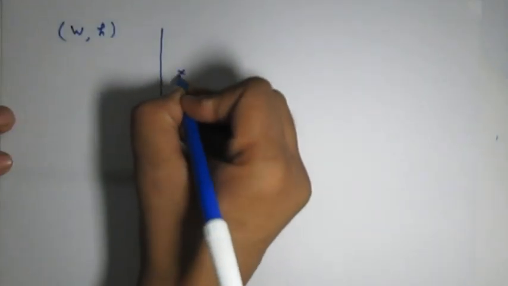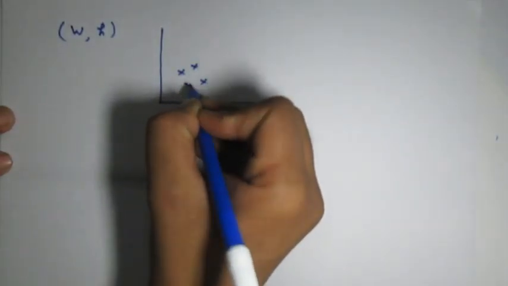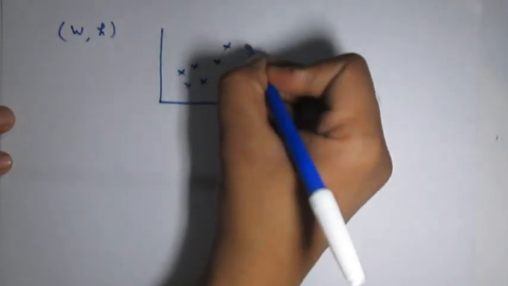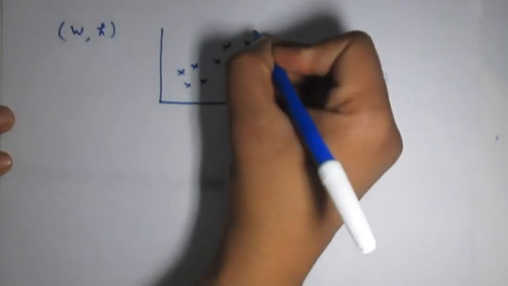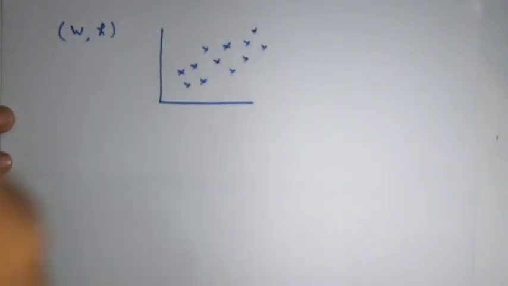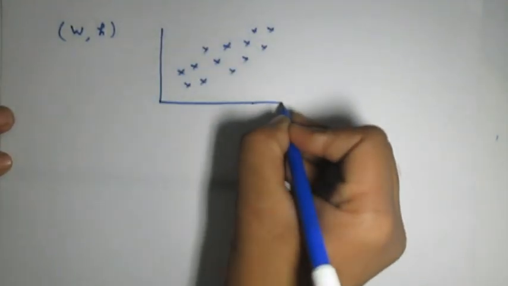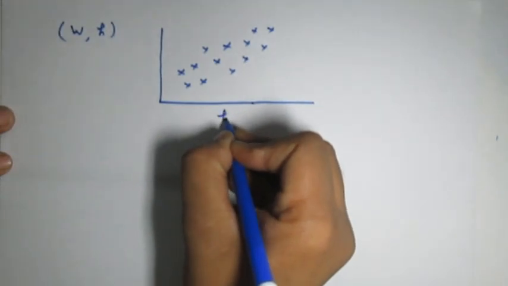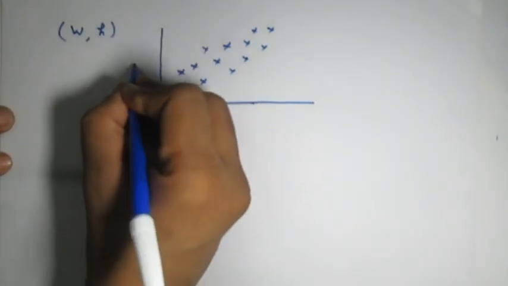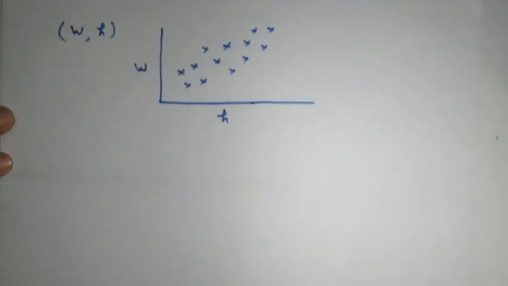Suppose we have a number of students spread in the feature space like this, and one dimension is denoting the heights of the students and the second dimension is denoting the weights of the students.